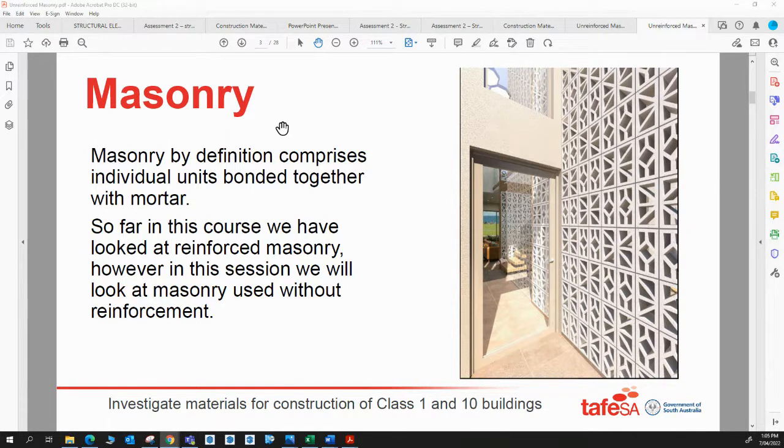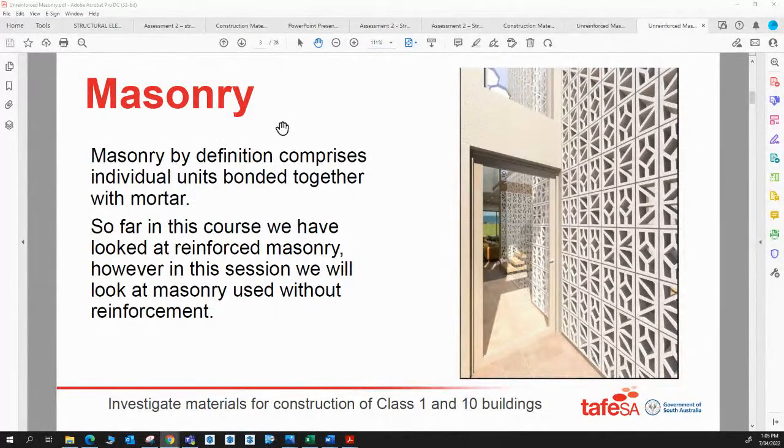So it's an unreinforced masonry, but there's a whole lot of other uses of unreinforced masonry, a little bit more creative than your standard brick veneer as well. So masonry by definition comprises individual units that are bonded together with mortar. So basically that means that you could get plastic blocks or just about anything bonded together with mortar, and it comes under that definition of masonry.